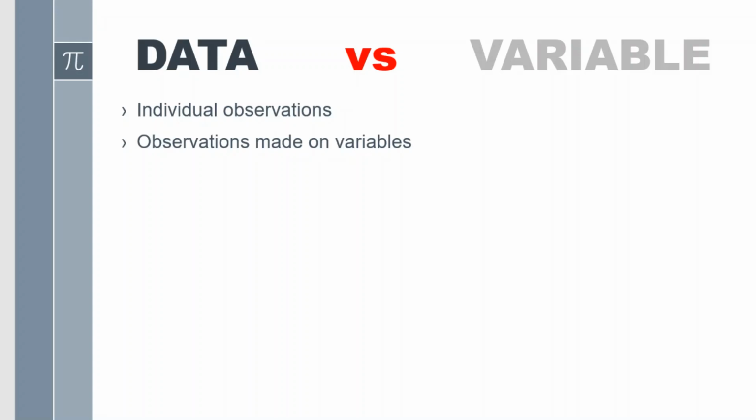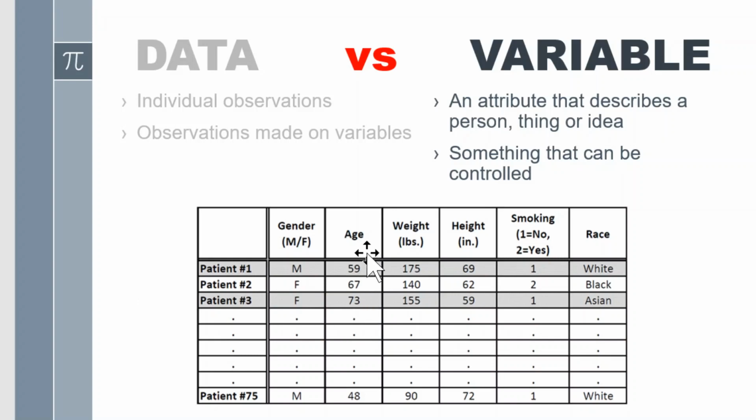The data has individual observations, and the observations are made on the variables, while a variable is an attribute that describes a person, thing, or an idea, and something that can be controlled.